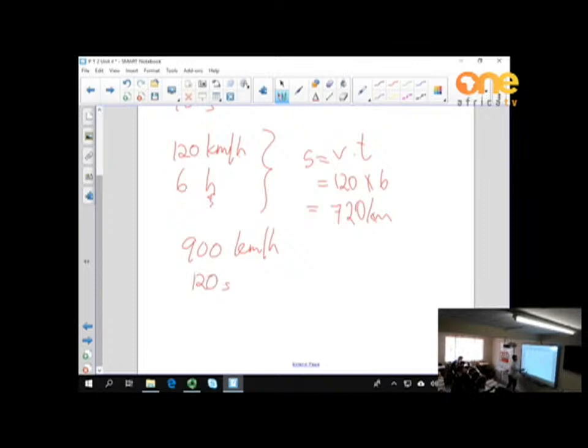So you have to convert that to hours. 120 divided by 60 will give me 2. That would be minutes. To get hours, we take 2 minutes divided by 60, which will give me how much? What is the value?